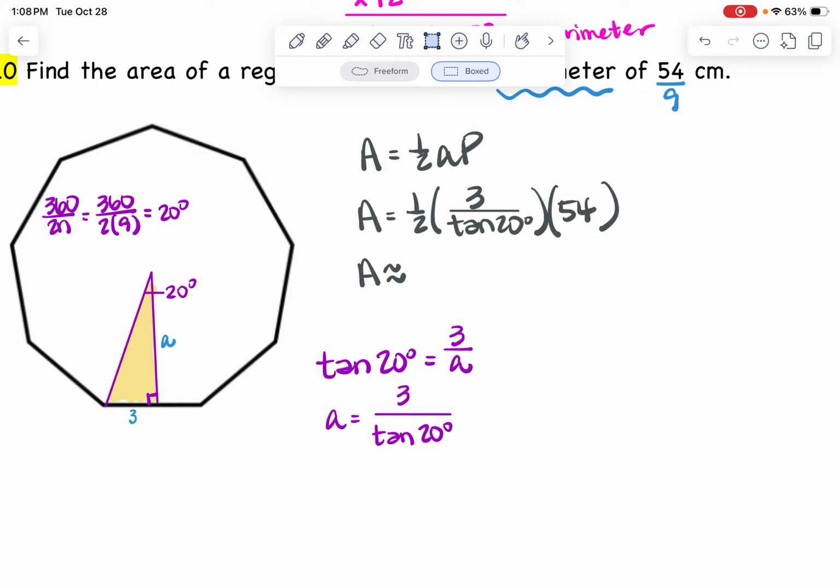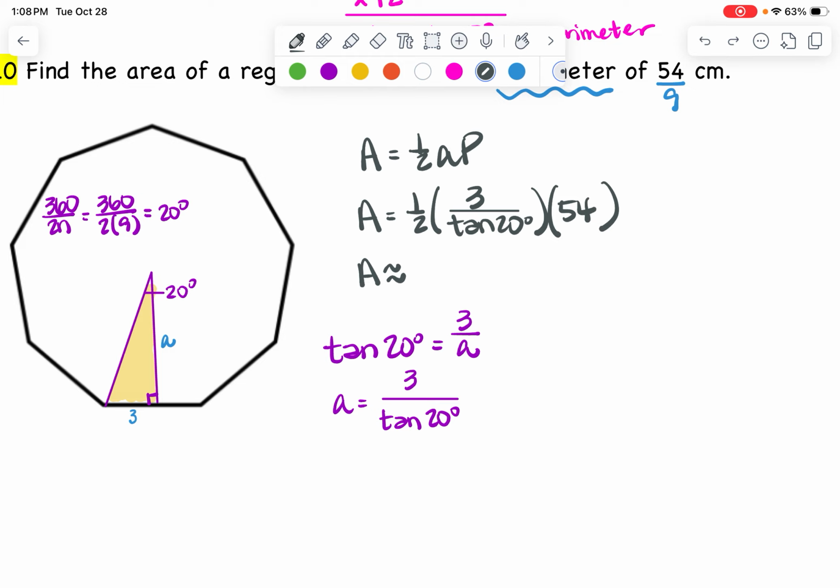So here we go. 0.5, and I'm going to use my fraction mode so I can type in 3 over tan 20. Again, don't forget to close your parentheses. And then times 54. And I'm getting 222.5-ish. And that would be square centimeters. Voila.